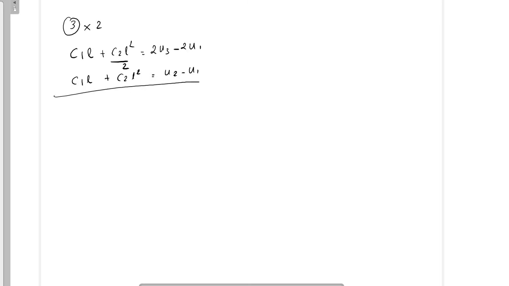So now we can cancel the C1 term to get the value of C2. So C2 is equal to L square by 2 minus L square. Here I am going to combine all the terms: 2u3 minus 2u1 minus u2 plus u1.